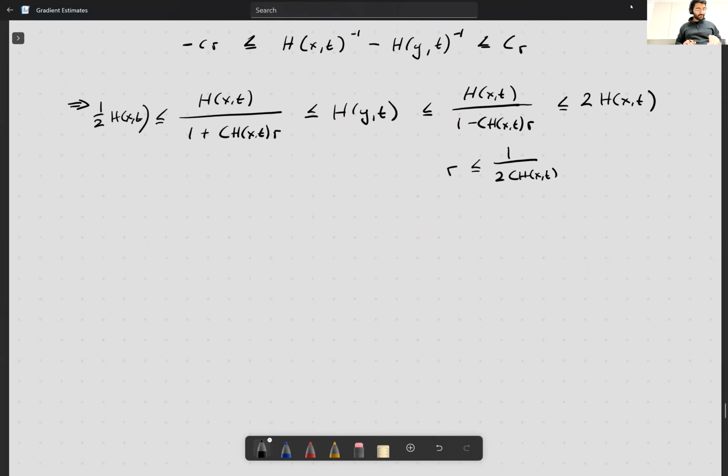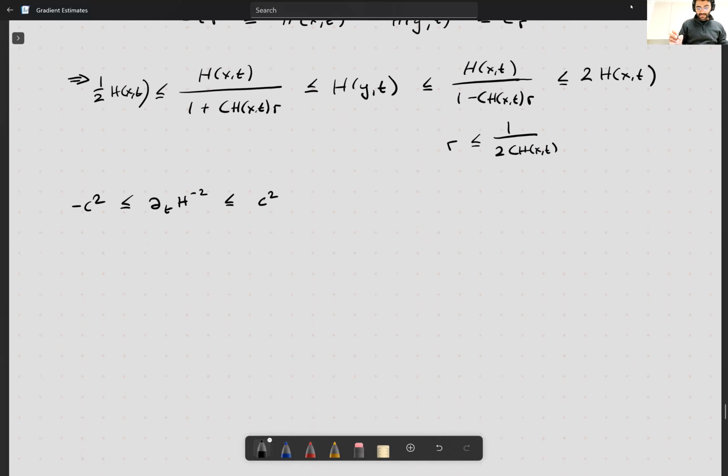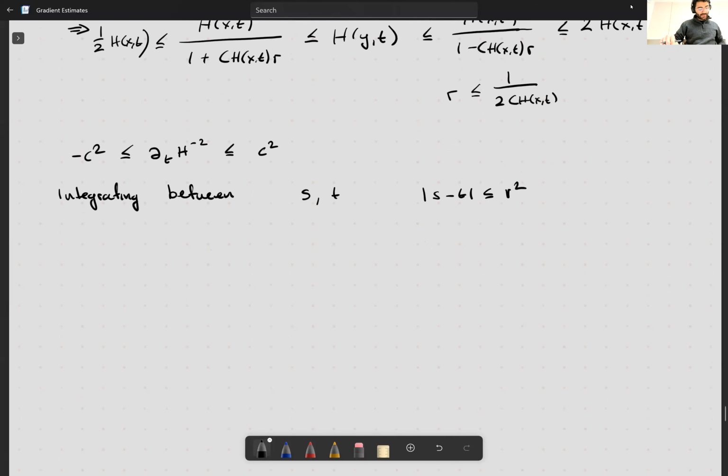Now when I want to also do the time derivative, that's basically exactly the same. I know that the time derivative of h to the minus 2 is less than or equal to c squared. So now I'm integrating between s and t. And I know that t minus s is less than or equal to r squared.